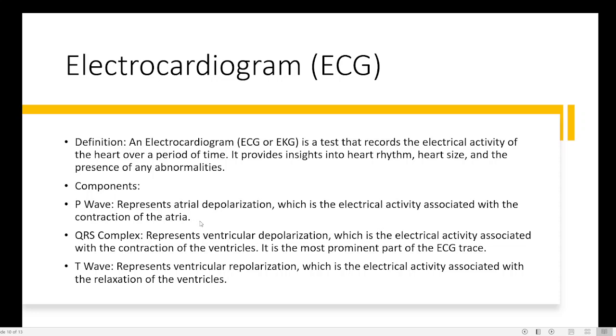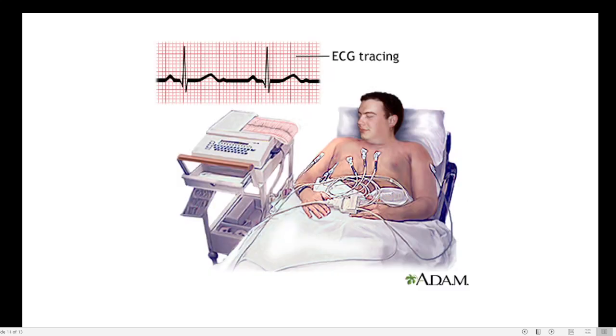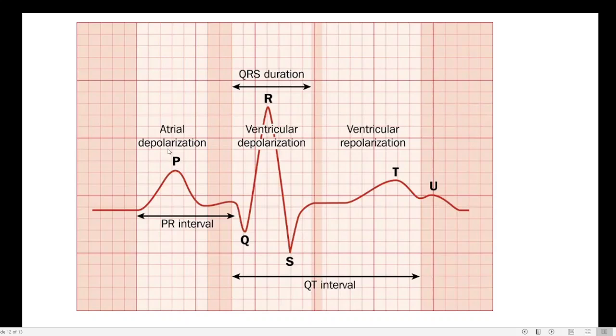Atrium means auricle. So in a person, this first wave is known as atrial depolarization. That takes place when your auricles or atria are contracting. So during the contraction of the auricle, atrial depolarization is taking place and the P wave will be produced.